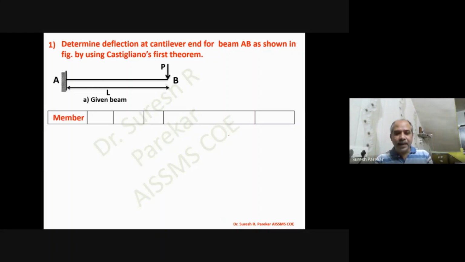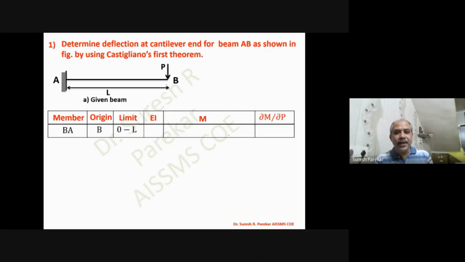So we have member, origin, limit, EI, M, and delta M by delta P. Here we consider member BA, origin B, limit 0 to L, EI, and M is minus P into X. We consider X somewhere here.